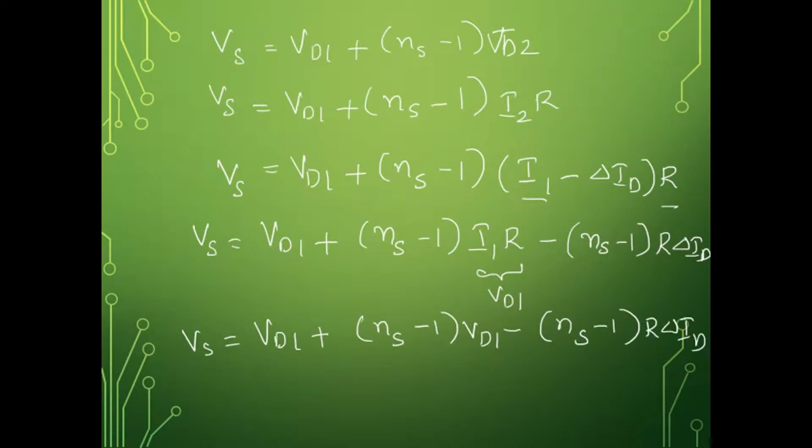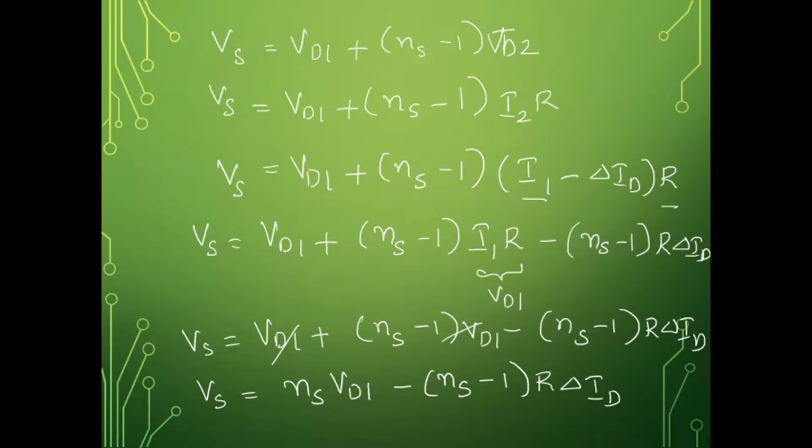Here Vd1 and minus Vd1 get cancelled. So you are remaining with Vs is equal to Ns into Vd1 minus Ns minus 1 into R into delta ID. This is what I get.